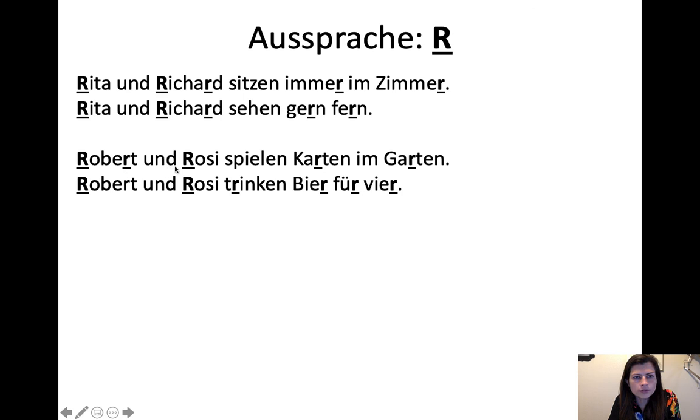Robert und Rosi spielen Karten im Garten. Robert und Rosi trinken Bier für vier.